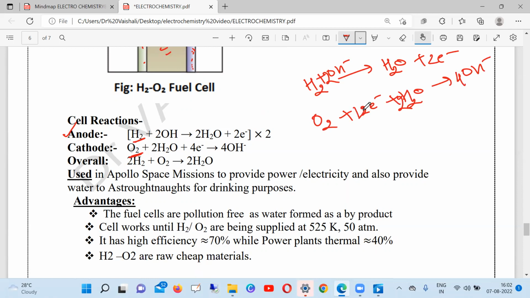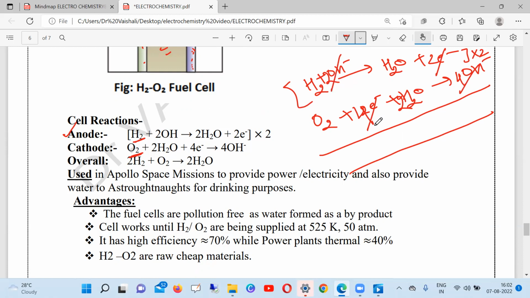So the 4 electrons. Now overall, it can be multiplied by 2, so that the electrons will be cancelled out. The 4 OH minus also cancel out. So what is the overall reaction coming? 2H2 plus O2, which you know already, gives 2H2O.